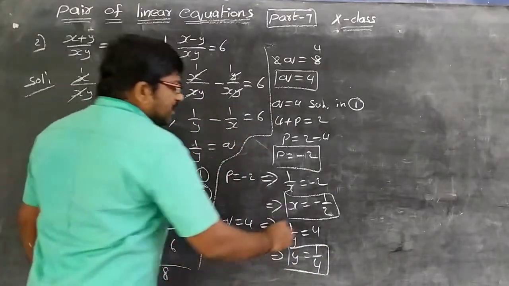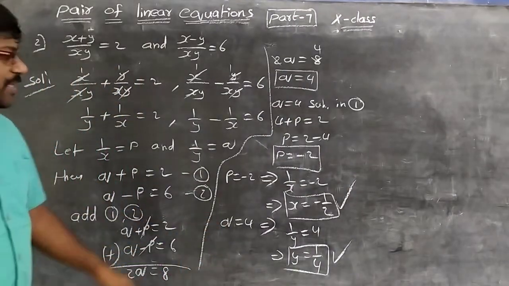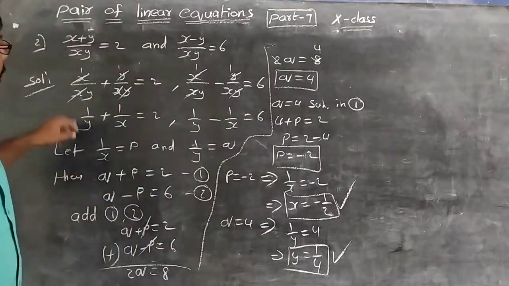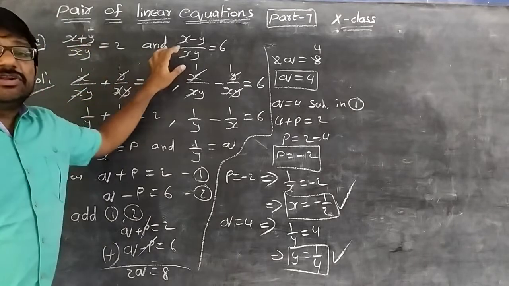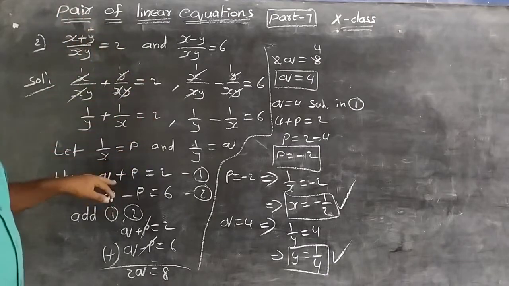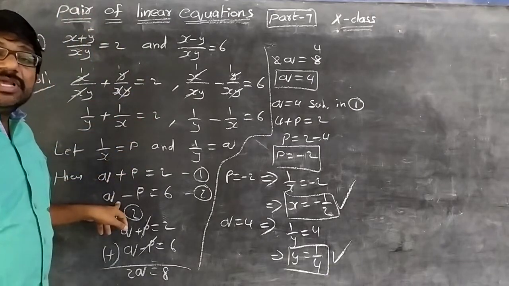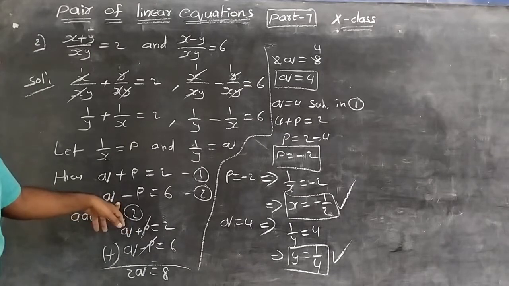So x is minus 1 by 2, y is 1 by 4. So it is the solution for the given pair of equations, right? So this pair is not linear, but we can convert into a pair of linear equations by substituting suitable values, right?